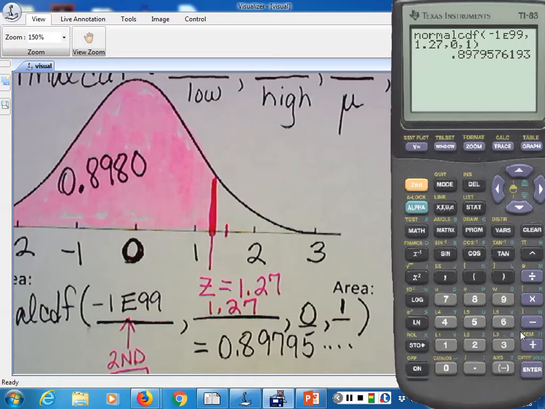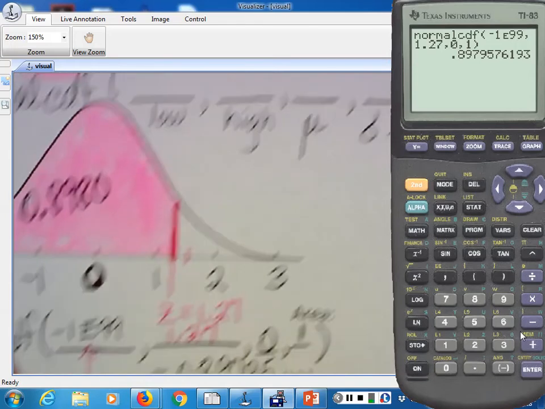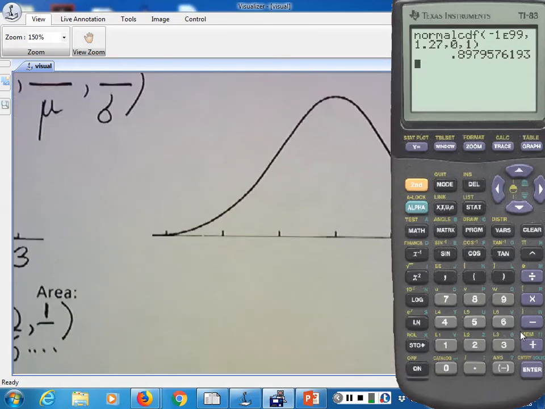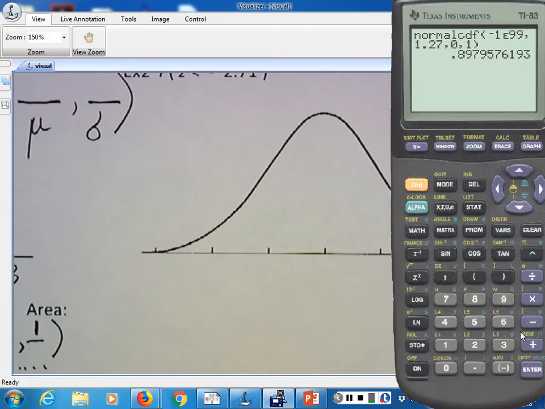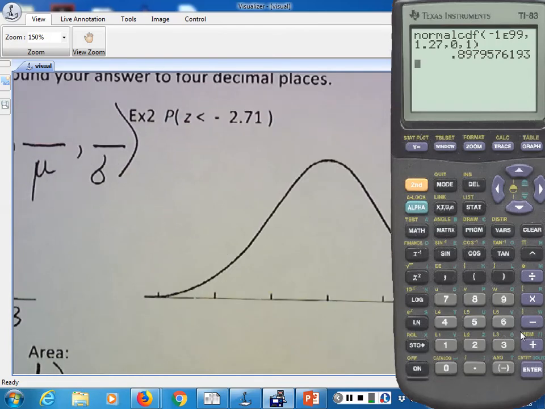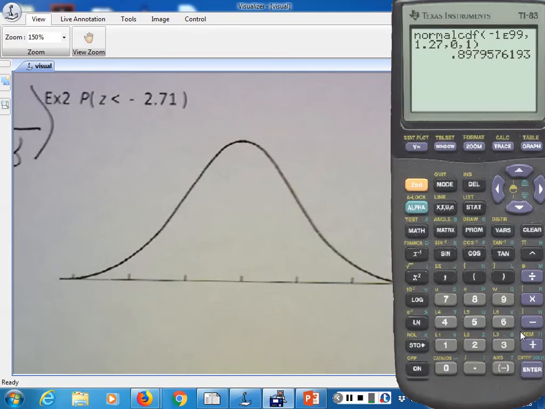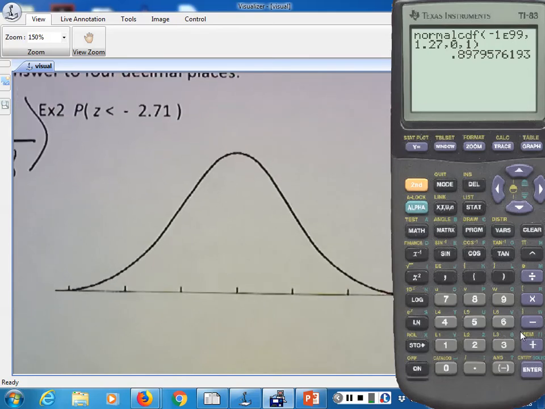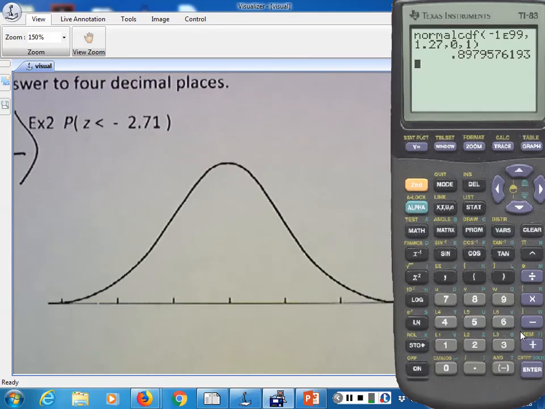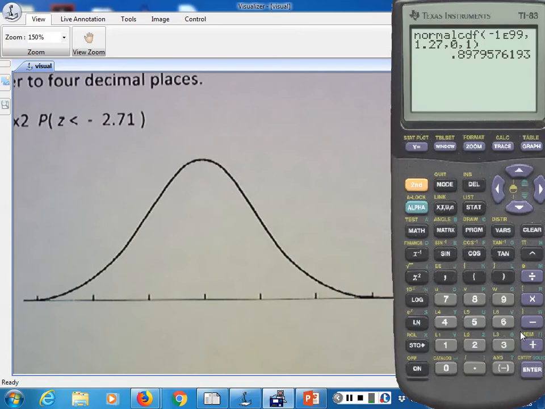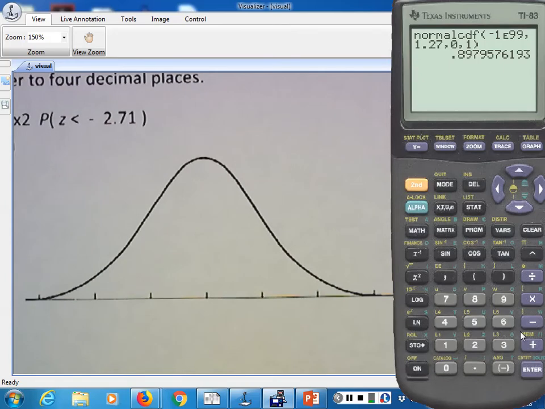Okay, let's try one more example. We'll get the calculator out of the way.